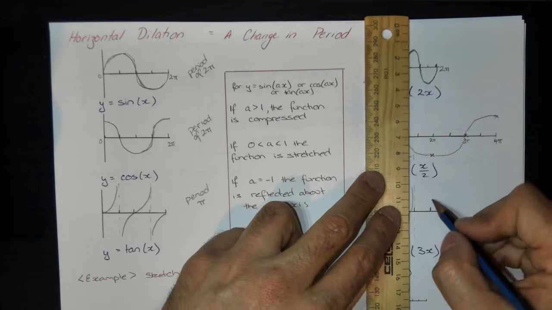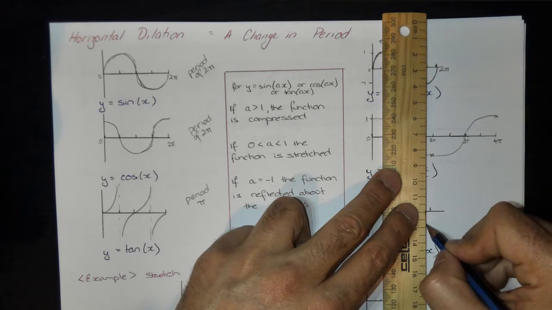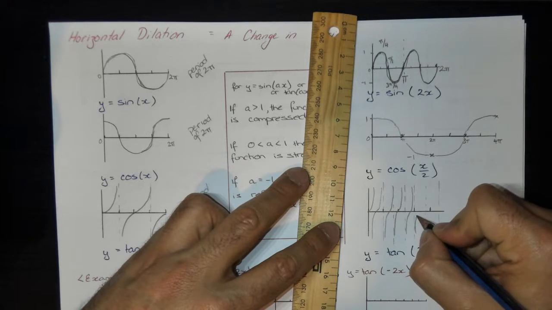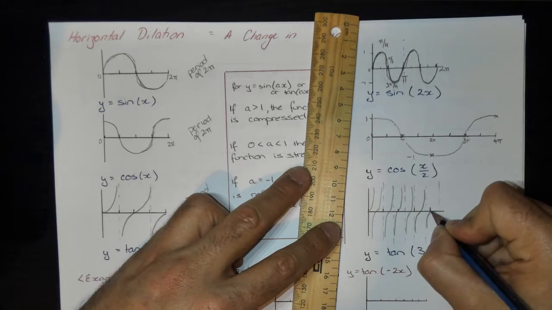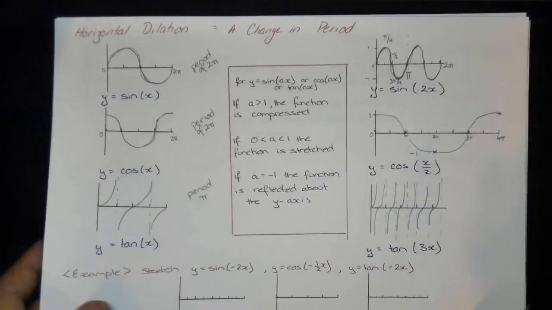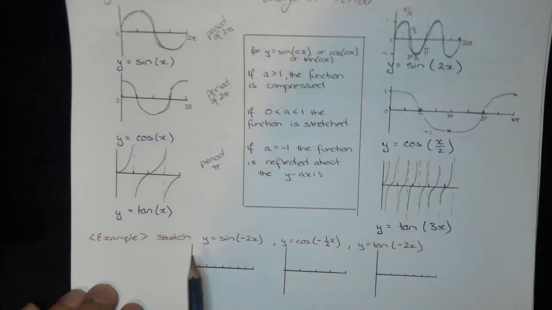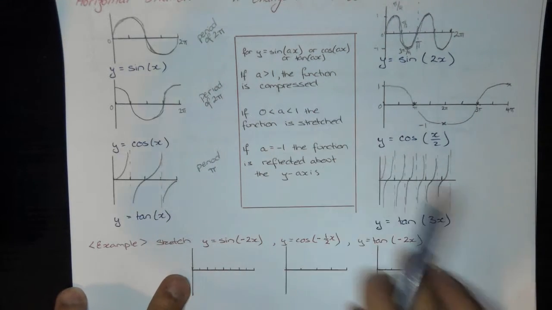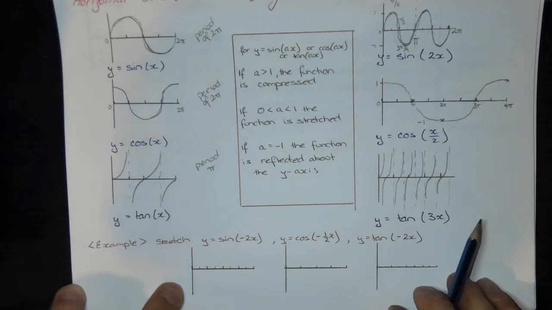There's another, so we're going to have to split that into 3. Okay. Now, if we have an a of -1, so if the function is negative, it reflects about the y-axis.